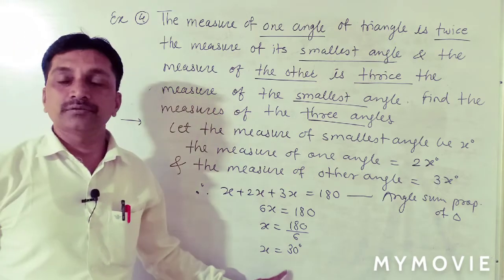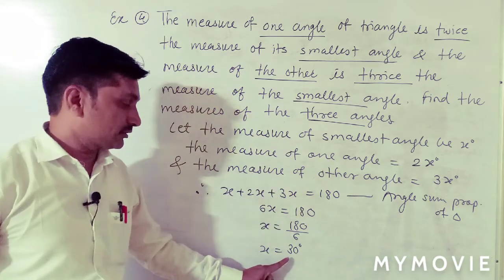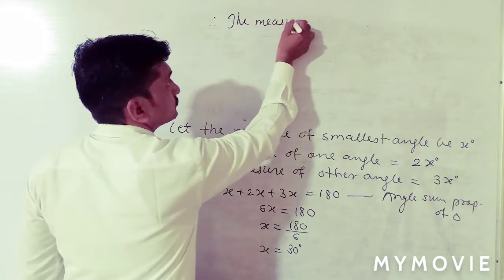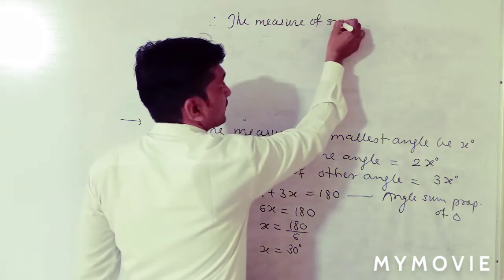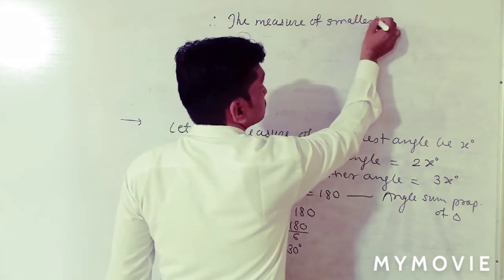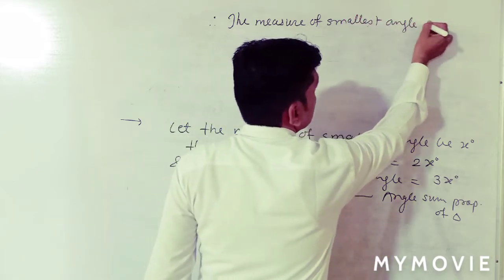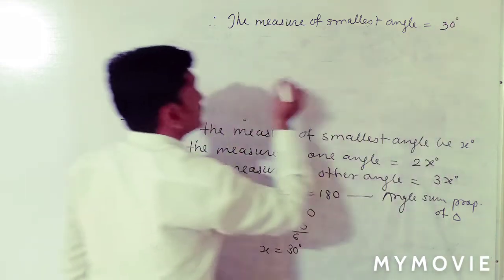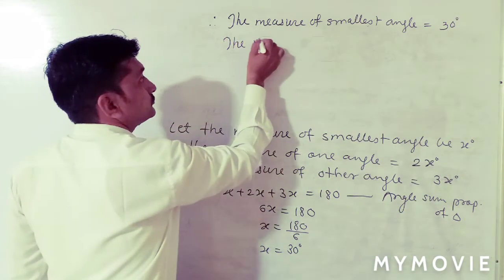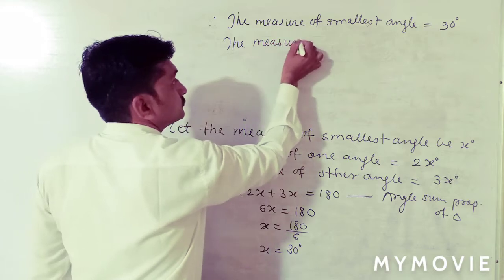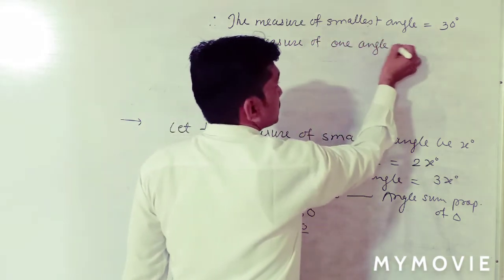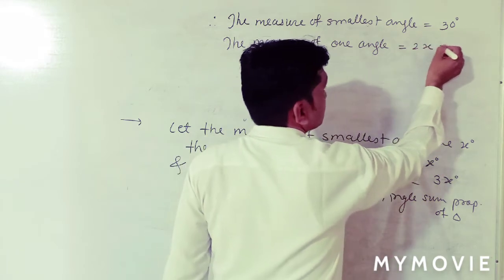One angle, the smallest, we got 30. The measure of the smallest angle is equal to 30 degrees. The measure of one angle is equal to 2x.